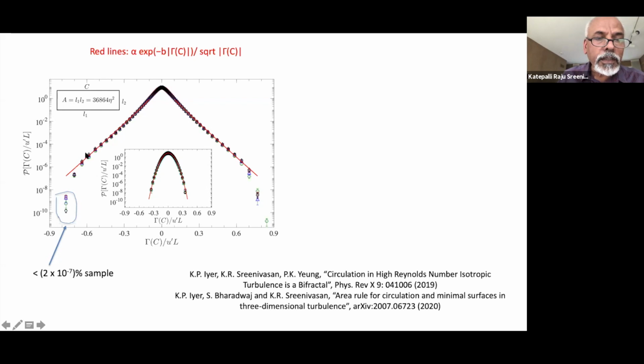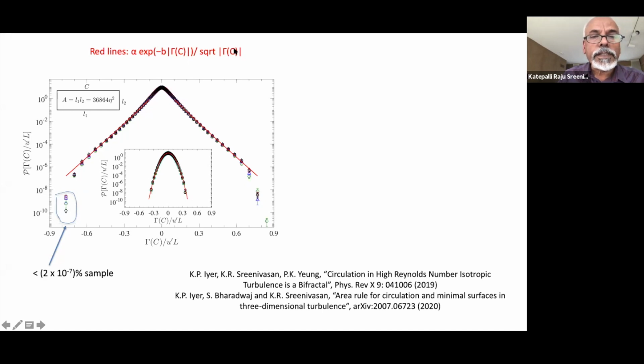They're all plotting along each other pretty well, except for these tails, where we have a very small number of samples. So let me say I discard them for now, simply because I have a very small number of samples. And the red lines here are this fit, exponential of lambda Γ divided by square root of Γ.